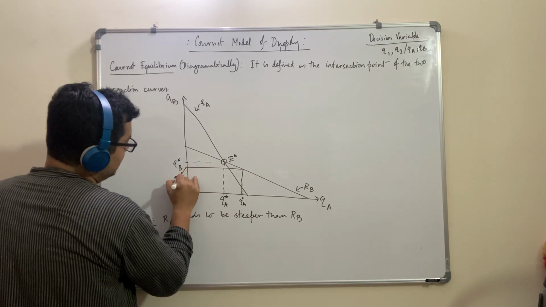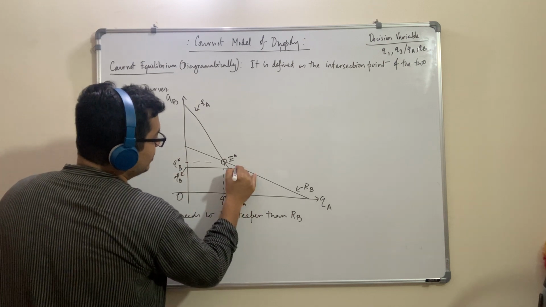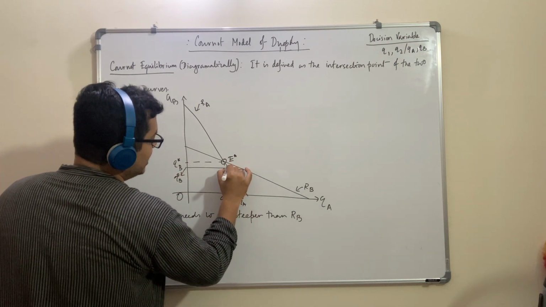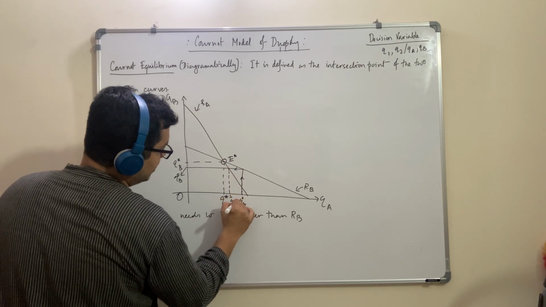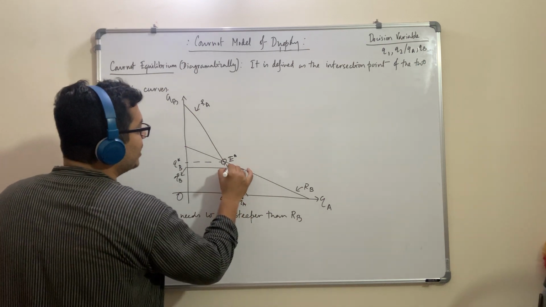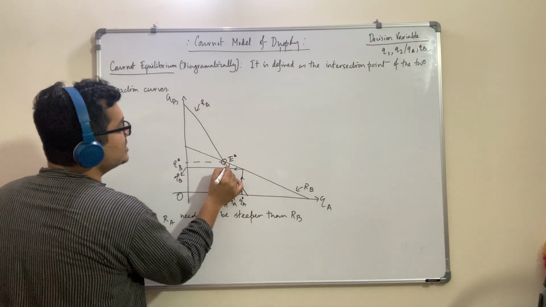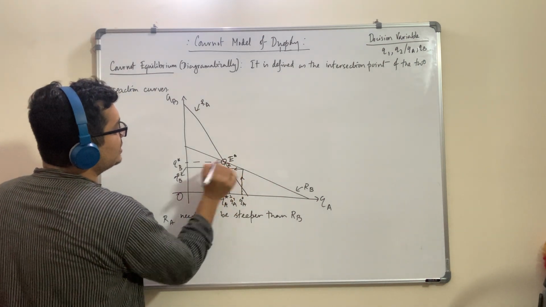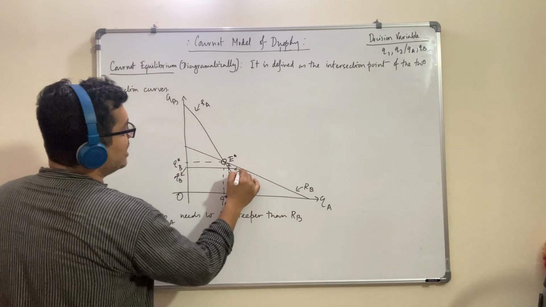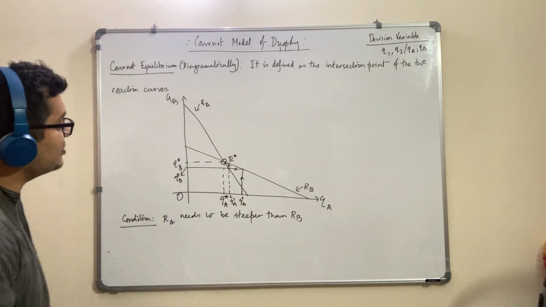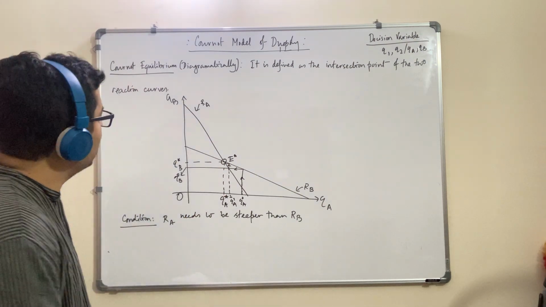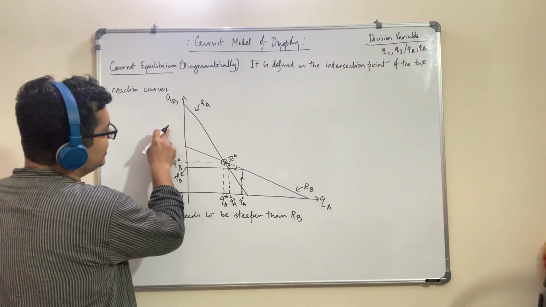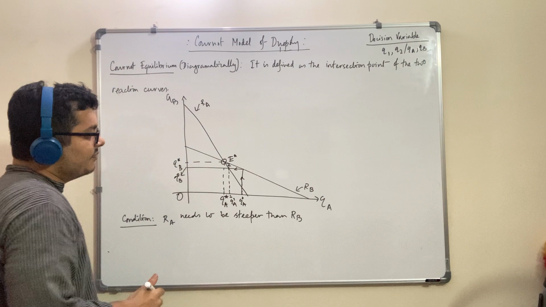Let's say QB naught. Then against that, this will be the reaction of farm A. So QA1. And again that will move in this direction like this and this and this. Okay? So this is how we can map the response and see how it is going to the equilibrium. If you try it from the other side, it will also work in the same way.